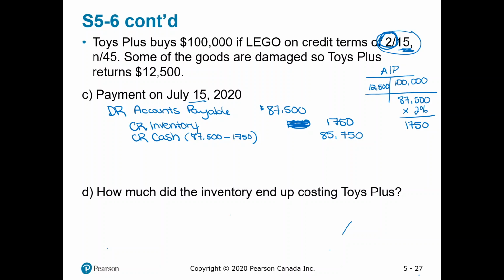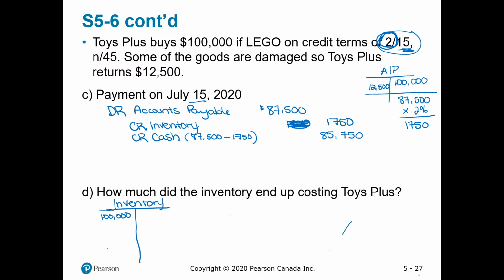Now, part D of this question says, in the end, how much did the inventory actually cost? So we can track all of the transactions that happened in the inventory account. Because under the perpetual system, we're always updating inventory so that we know the up-to-date cost and what we have. So the original purchase on the 8th was $100,000.